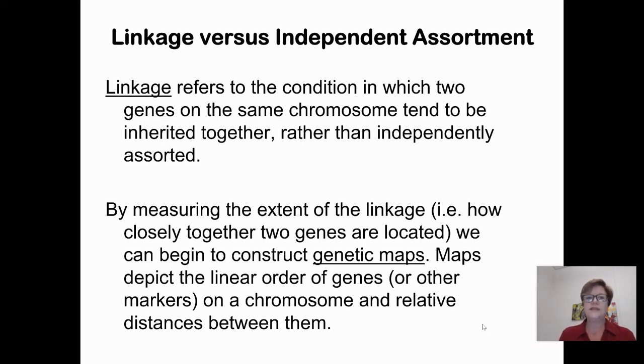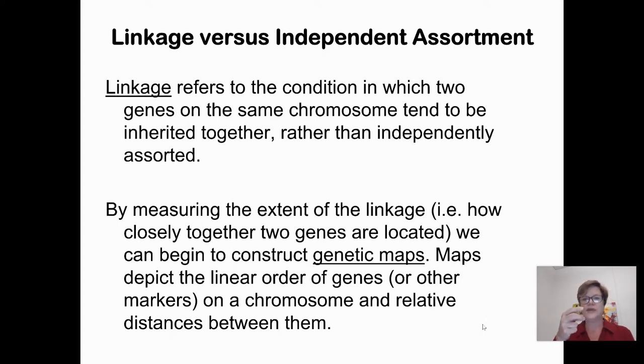You may remember that linkage refers to a condition in which either a gene is linked to a chromosome. So we've talked a little bit about X linkage, when genes are located on the X chromosome, or in this particular chapter, we're going to be talking about linkage when two genes are linked to each other.